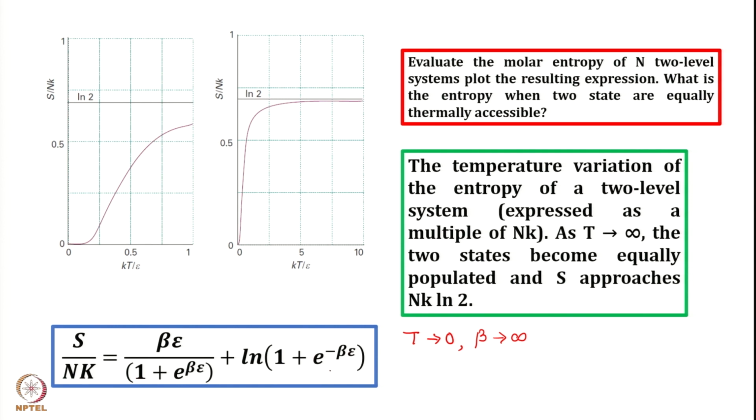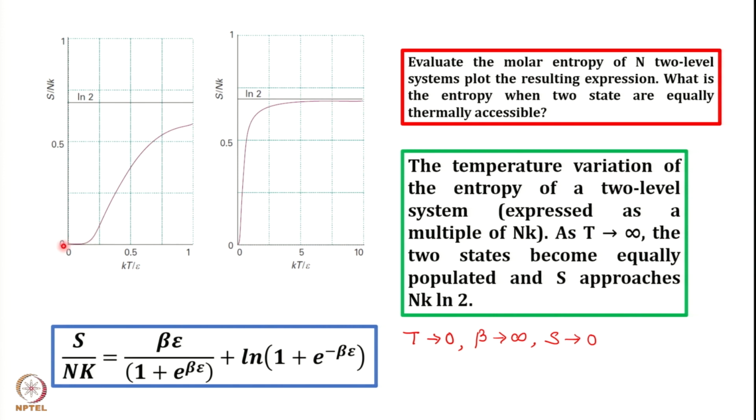That means this 1 over exponential infinity will become 0. So log 1 is also 0. This is 0 because there is infinity in the denominator. That means S approaches a value of 0. That is what you observe over here. When temperature approaches 0, S approaches a value of 0.